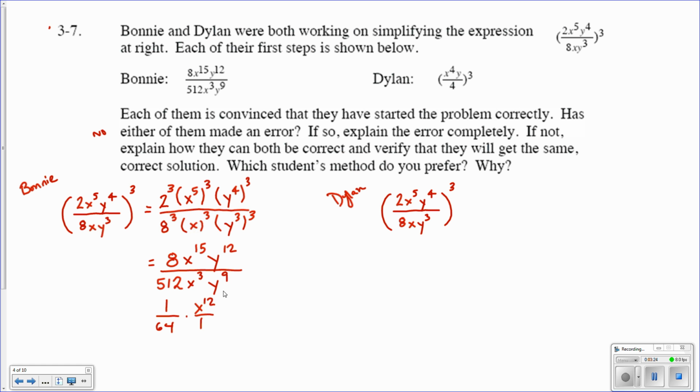And y to the 12th over y to the 9th is going to give us y to the third over 1, because the 9 on the bottom cancels out 9 on the top. In the end, we end up with x to the 12th, y to the third, all over 64.